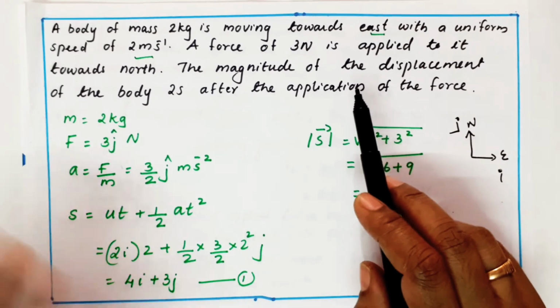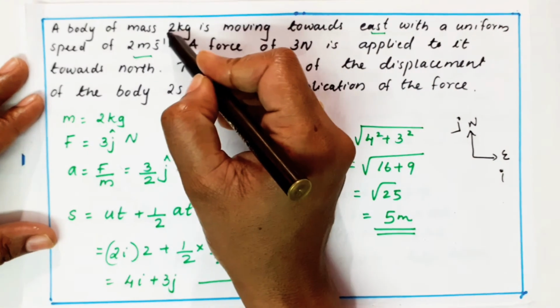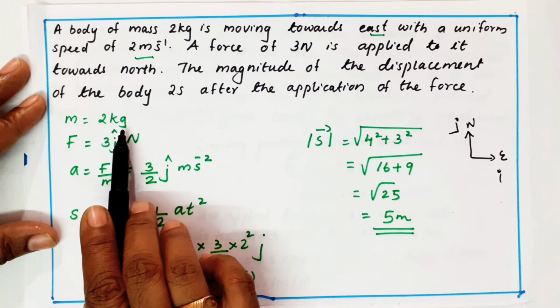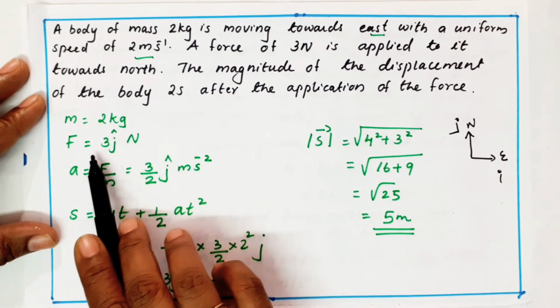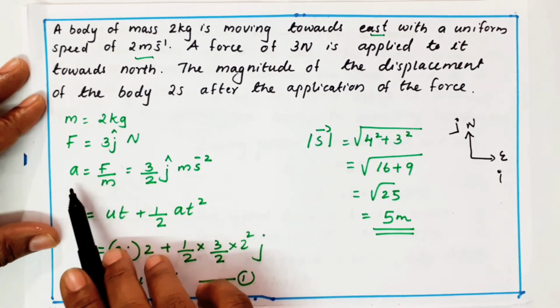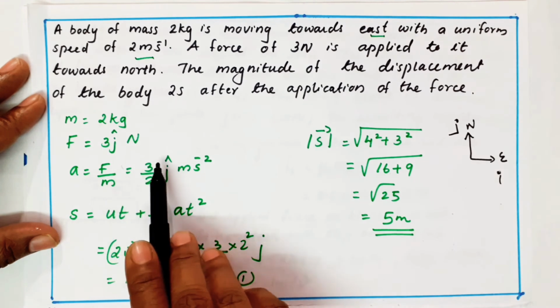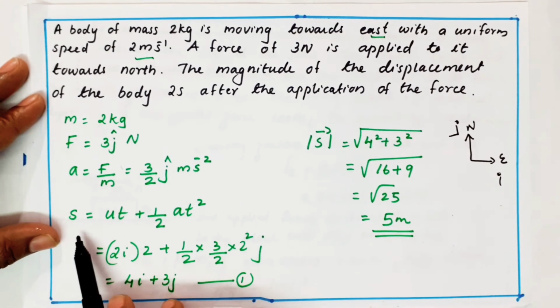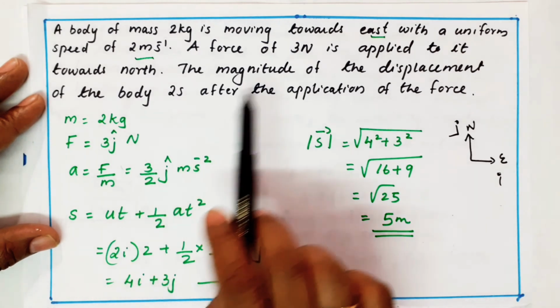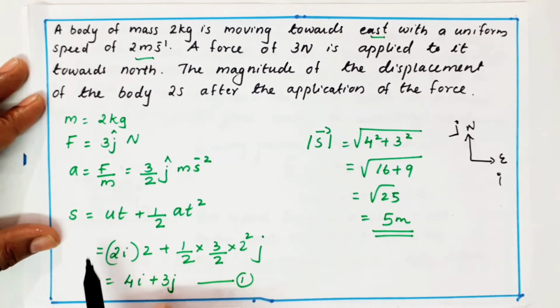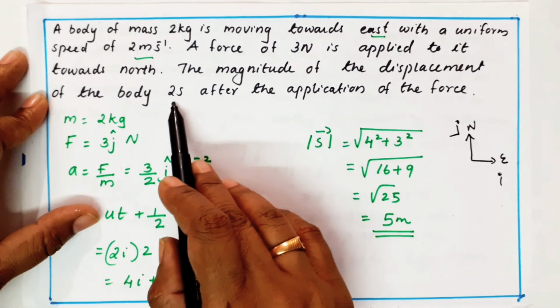They gave the body of mass 2 kg, so I wrote m equals 2 kg. Force is towards north, so we wrote 3j. So what is acceleration? F by m, that is 3 by 2 j. What is s? s equals ut plus half at square. What is your u? It is 2. After which time are they asking? 2 seconds.